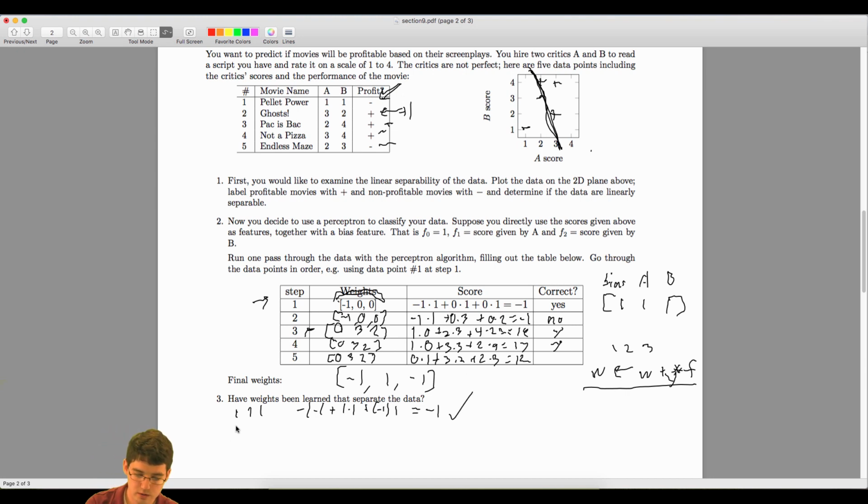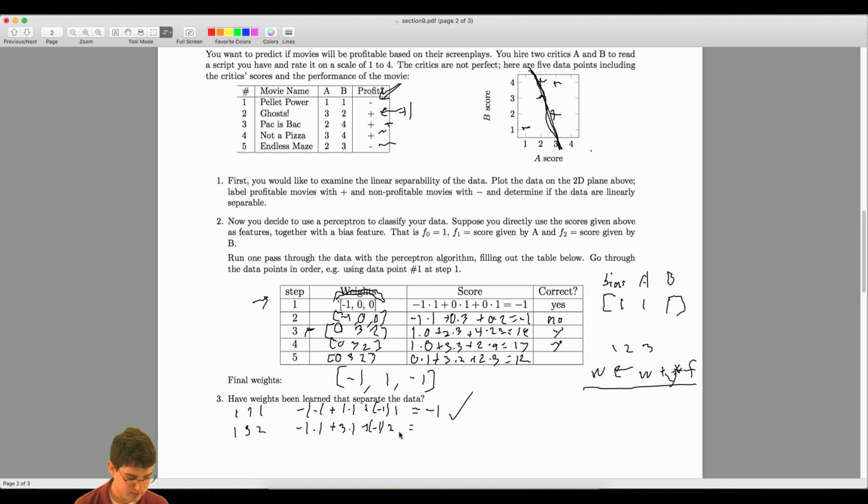We're going to keep going through and see if all of them are the correct classification. Our next point is 1, 3, 2. We take a dot product with the weight vector: -1 times 1 plus 3 times 1 plus -1 times 2.